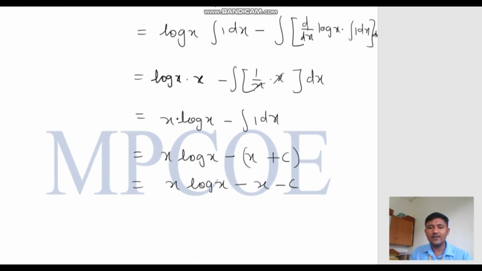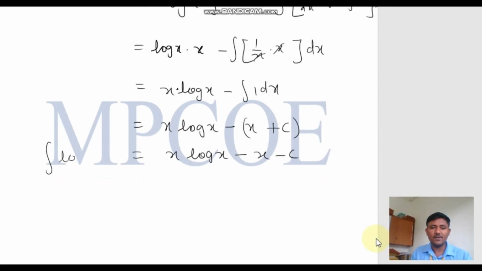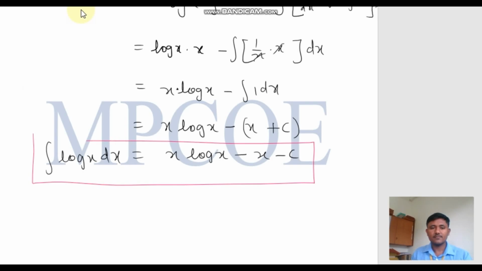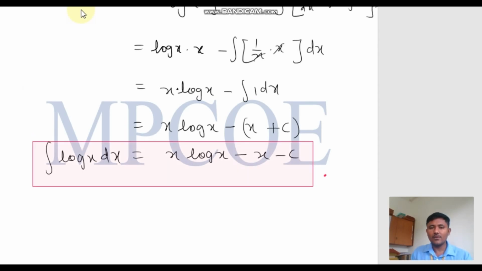This is the required solution. So integral of log x dx is equal to x log x minus x minus c. So this is what we are looking for. Thank you very much.